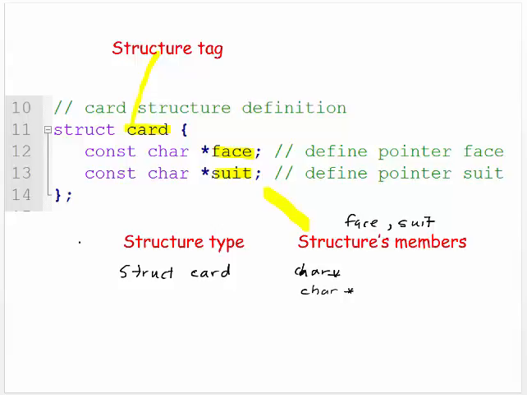The interesting thing here to me was that we were using a pointer. So this is a pointer to a collection of characters, and so we're pointing to the beginning of that collection of characters.